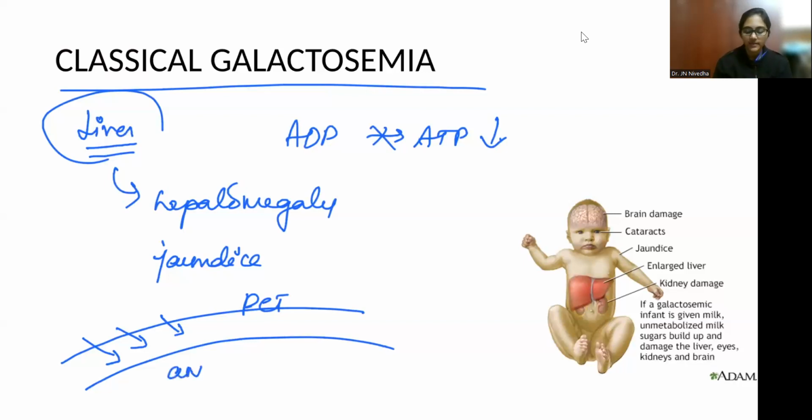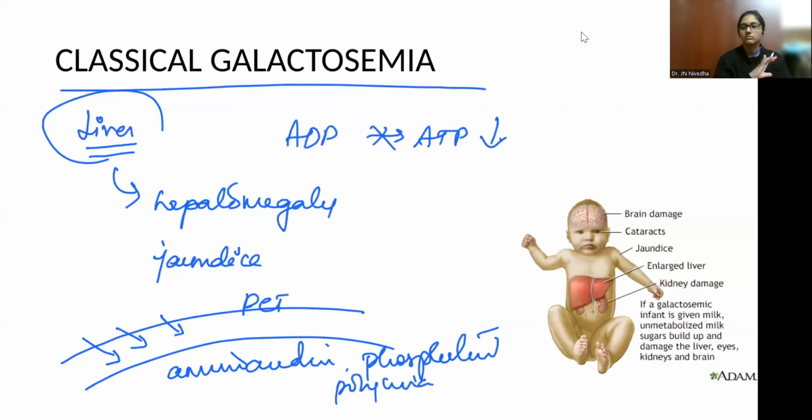So you have amino aciduria, you have phosphaturia, you have polyuria. Excretion of all these can be collectively called Fanconi syndrome.